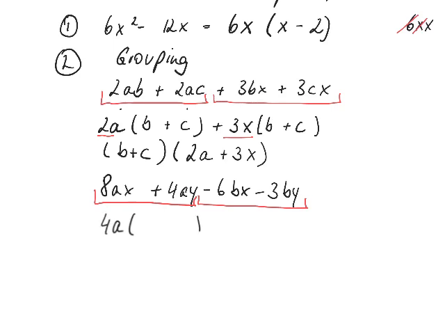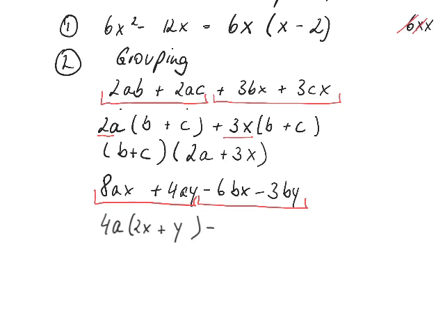My bracket now. If I take out 4a out of the first one, I'm left with 2x, because 8 divided by 4 is 2. Plus, if I take out 4a out of the second one, I'm left with y. So now I write a minus here.